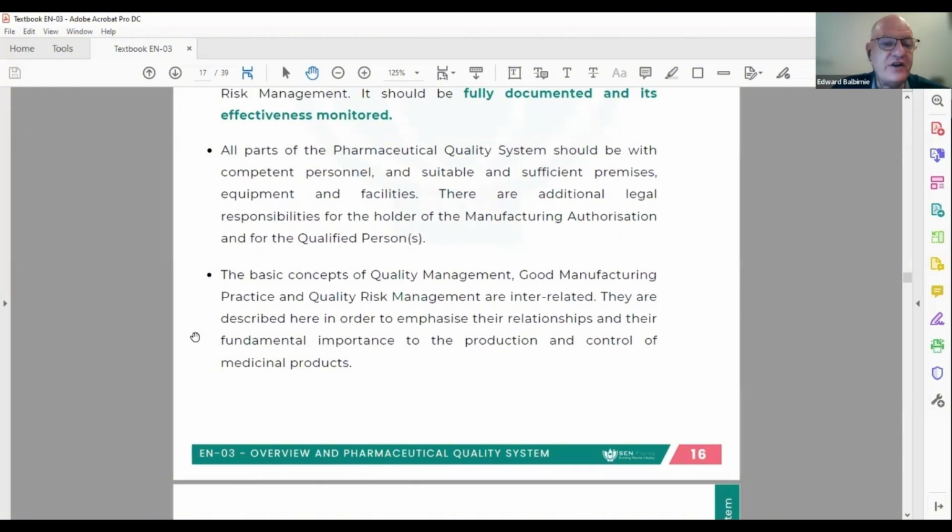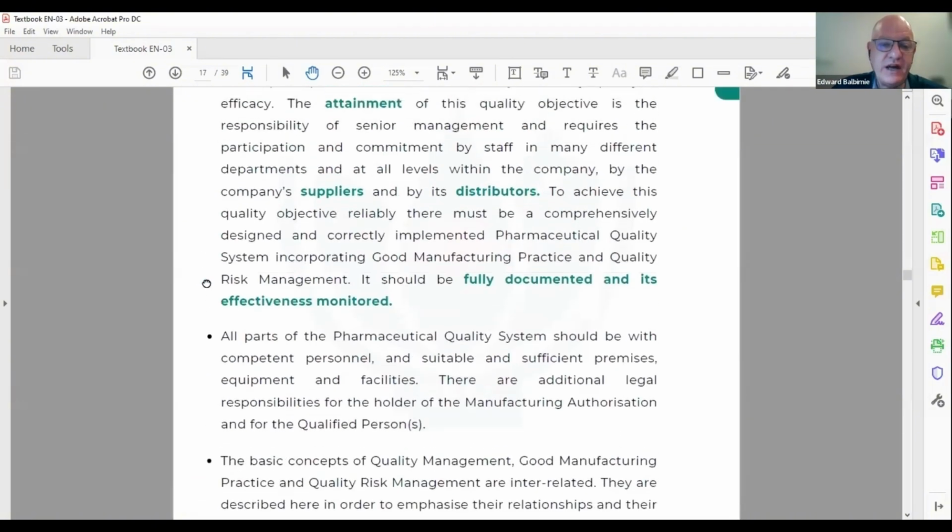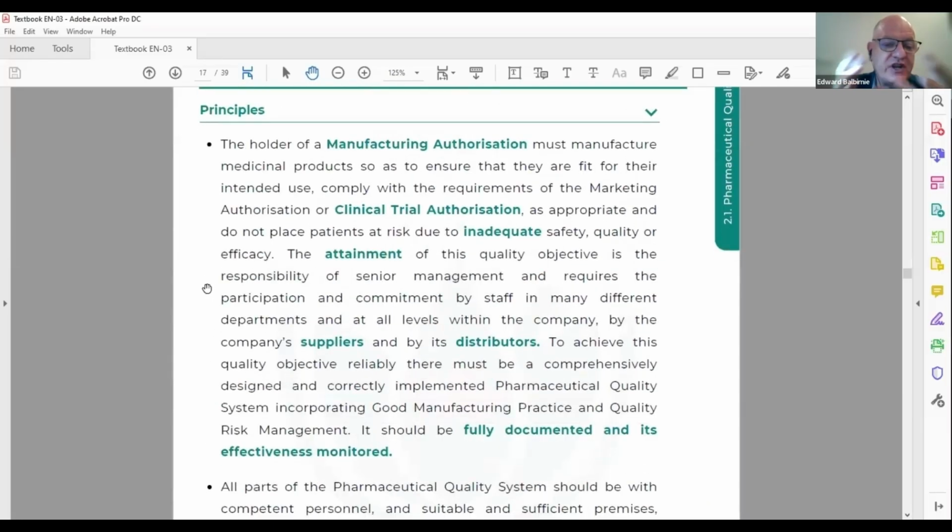So I guess there's a lot, maybe if we go back up to the top a little bit, there's a lot of words there. As I said, it gives the principles or the overall view of the pharmaceutical quality system. Some of the words we've highlighted in green. For example, the first one is the manufacturing authorization or the holder of a manufacturing authorization.